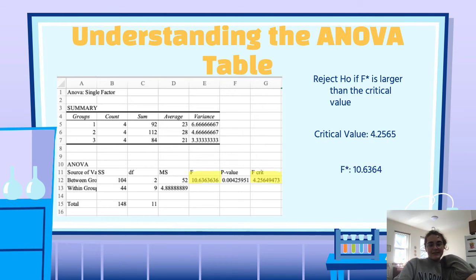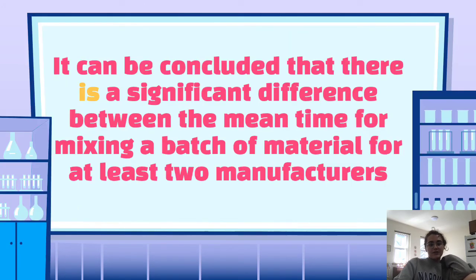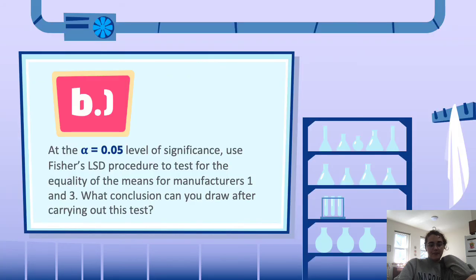Our F value is 10.6364. So obviously 10.6364 is greater than 4.2565, which means that we reject our null hypothesis. So it can be concluded that there is a significant difference between the mean time for mixing a batch of materials for at least 2 different manufacturers.